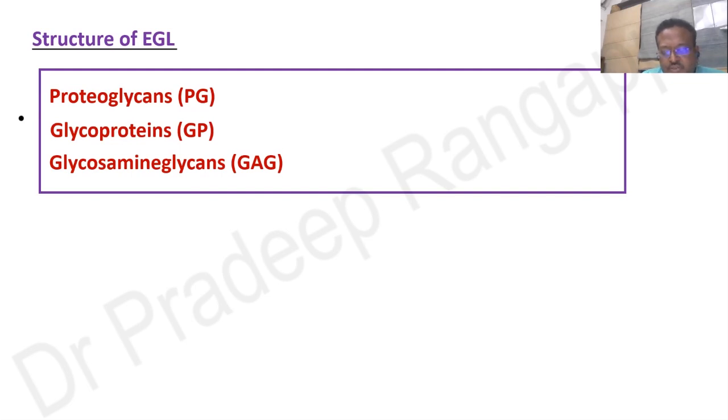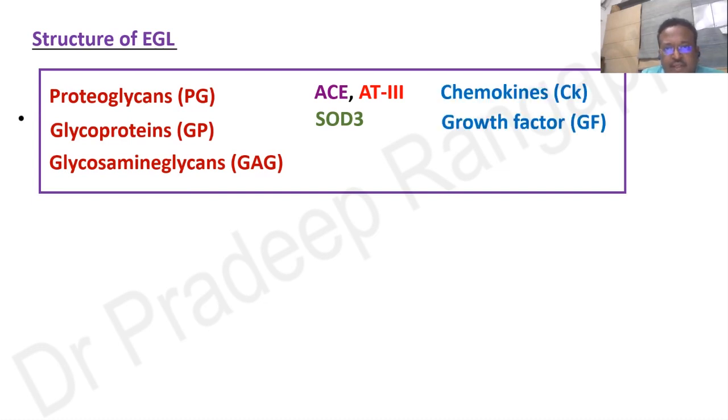These are some of the important constituents of this slime. It also has ACE, antithrombin 3, superoxide dismutase 3, and it contains chemokines and growth factors. These are some of the enzymes that it constitutes, along with these structural units.